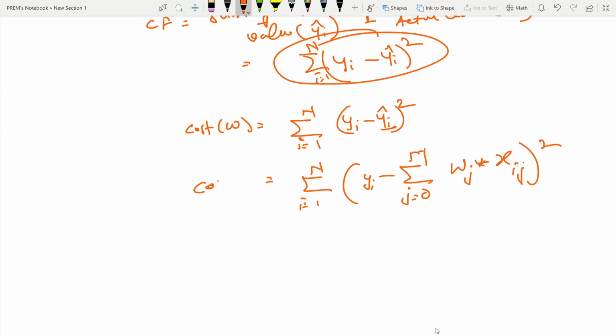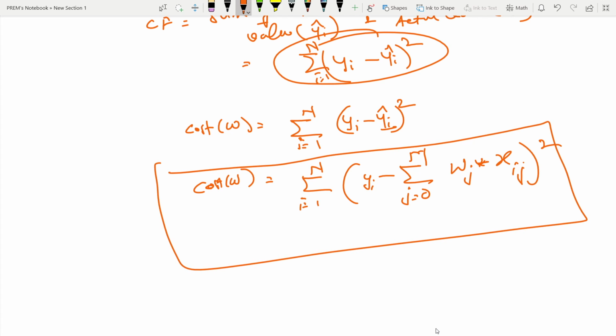So this is the cost of w. This is the linear regression cost function.